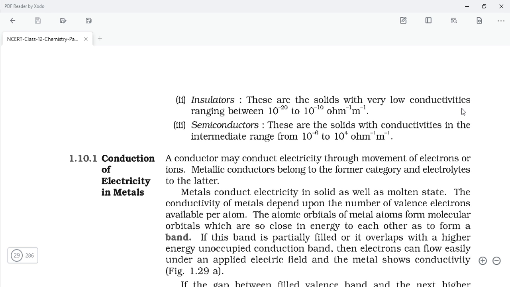The atomic orbitals of a metal form molecular orbitals, which are so close in energy to each other as to form a band. If this band is partially filled or it overlaps with a higher energy unoccupied conduction band, then electrons can flow easily under an applied electric field, and the metal shows conductivity.